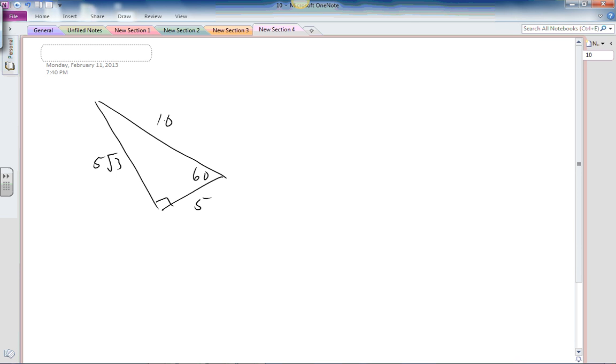Now, if you watched the video on the 45, 45, 90 triangle, let's do this. Let's make a 60, 30 triangle. Suppose I told you that this was 8. Well, if I know the short side, to get the long leg, I would have to multiply by the square root of 3.